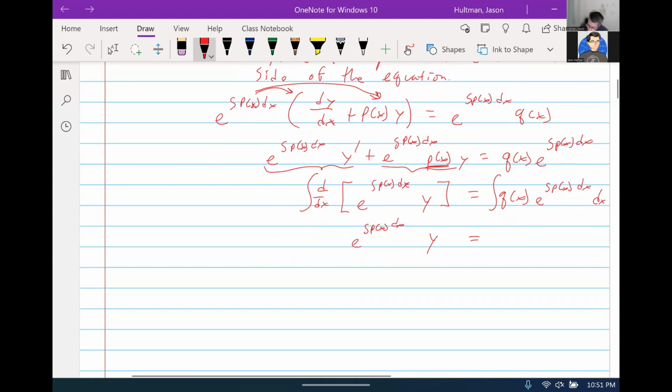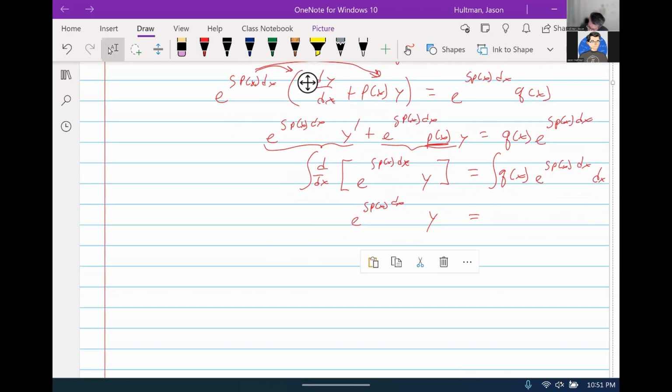I'm going to call this I of X, my integration factor there. I of X times Y is equal to the integral of Q of X, I of X dx.